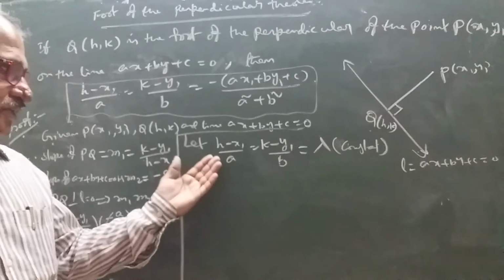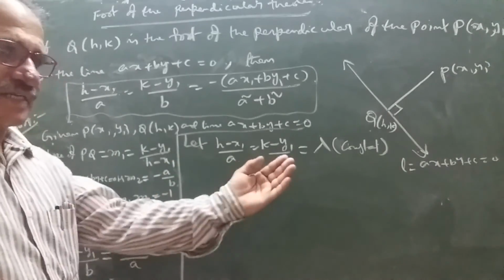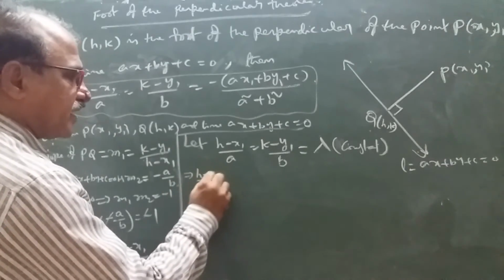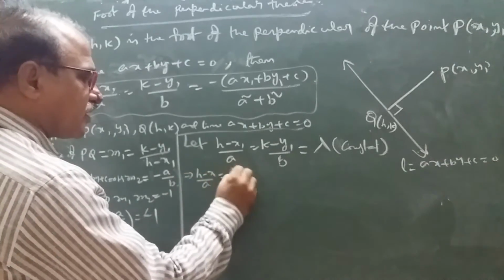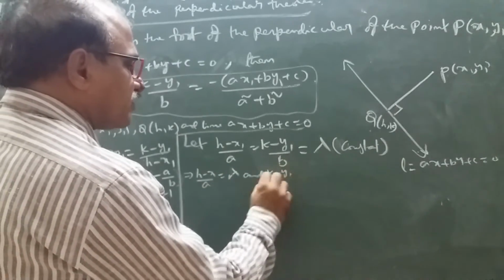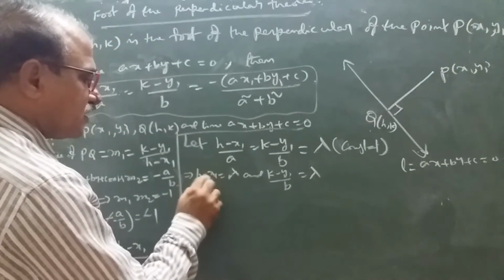Now taking the values of h and k from this relation, (h - x1)/a = lambda and (k - y1)/b = lambda.